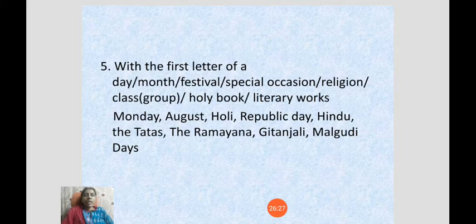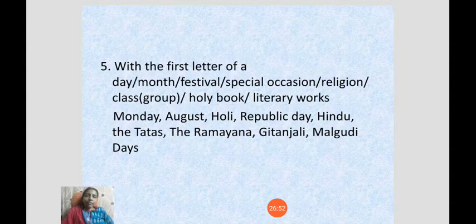So generally there are 7 days in a week, Monday to Sunday, or Sunday to Saturday, whatever you call. So all these Sunday, Monday, Tuesday, Wednesday, Thursday, Friday and Saturday, the first letter of these words should be written in capital. The first example is Monday, we have taken, M is written in capital here.